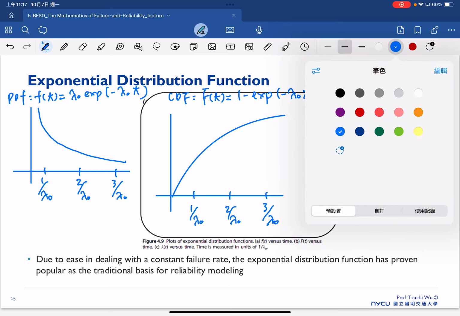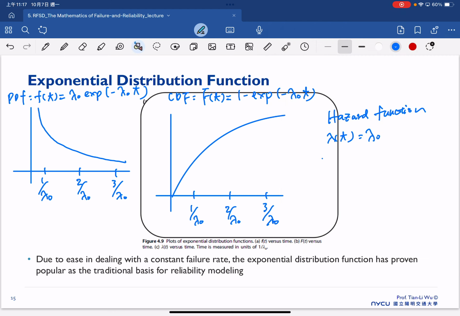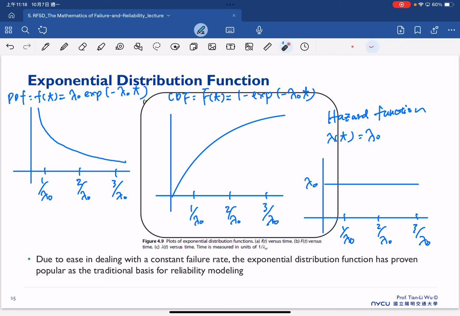That means this is equal to 1 over lambda 0, 2 over lambda 0, and 3 over lambda 0. So this is a constant, as shown here. Due to the ease of dealing with a constant failure rate, the exponential distribution function has proven popular as a traditional basis for reliability modeling.